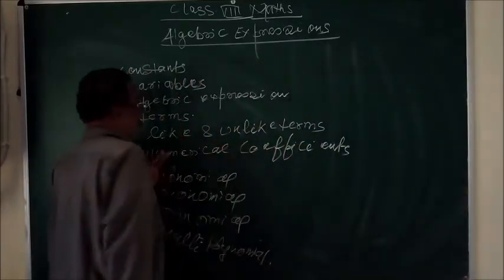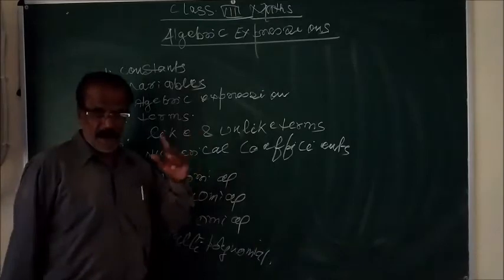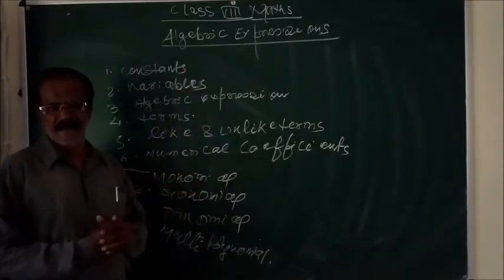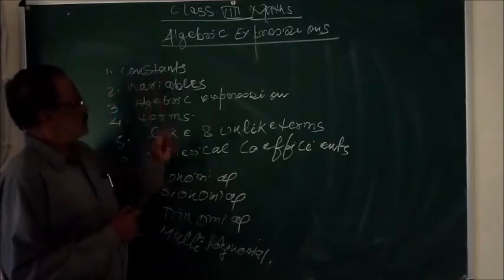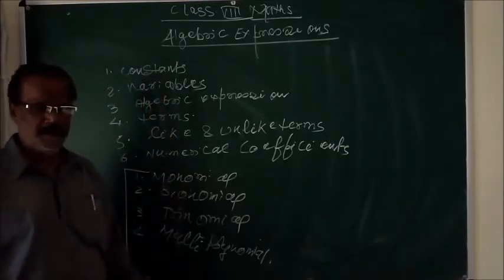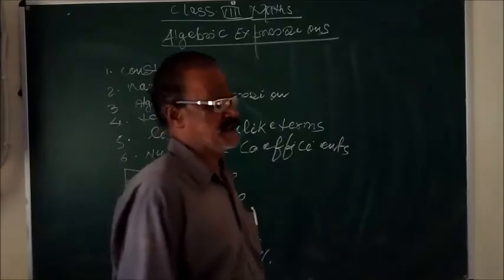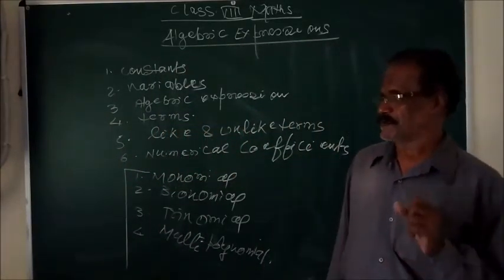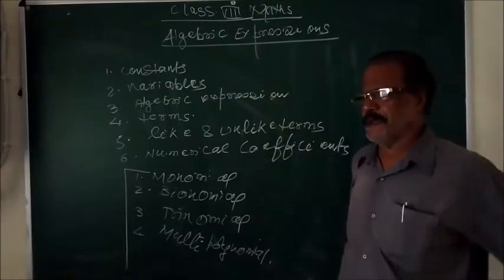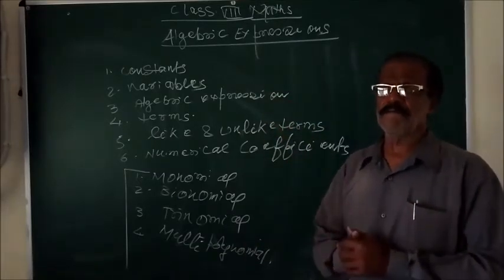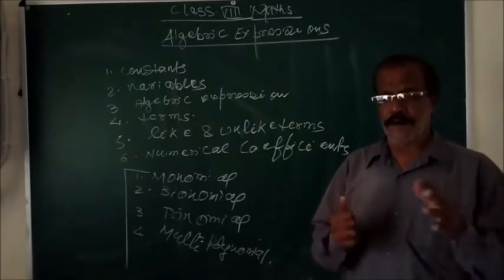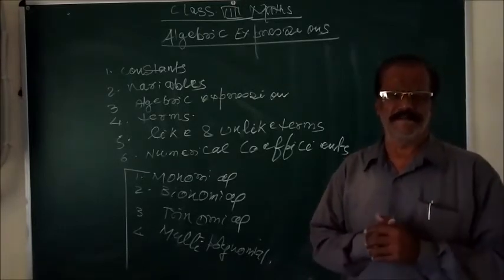First, to understand algebra, these are the terms you should understand. First is constant. If you find the meaning of constant in your dictionary, you can understand it. Constant means, in algebra, a symbol or a quantity whose value is fixed.